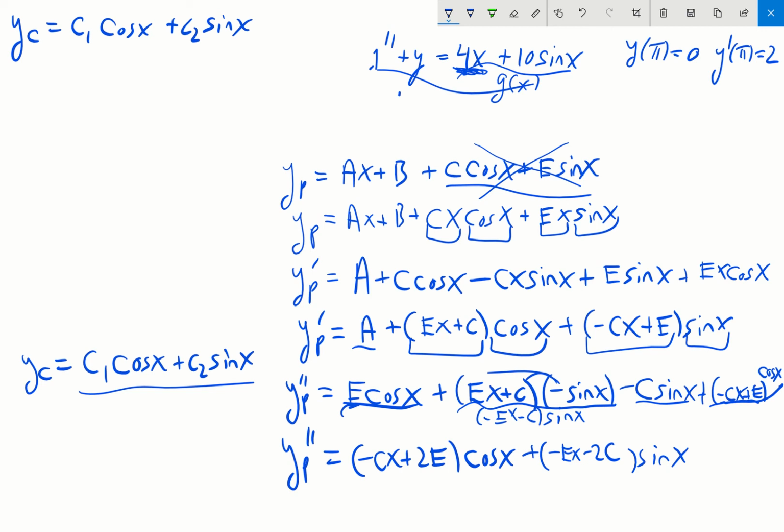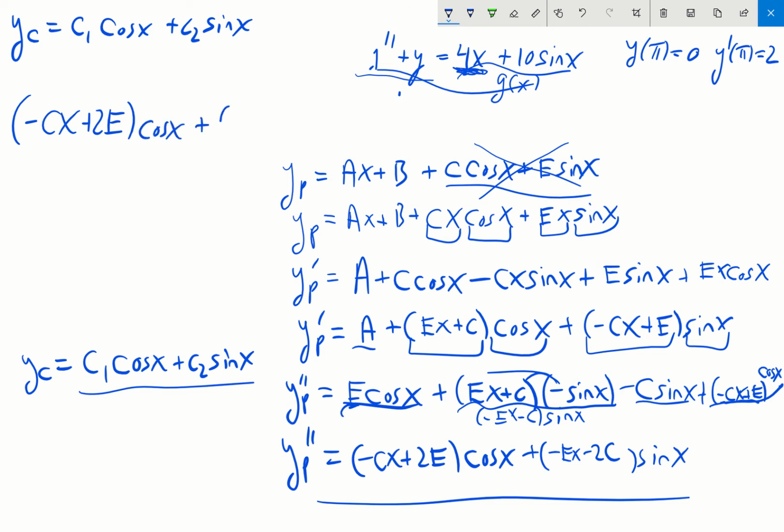So let's plug it into the differential equation. So y double prime plus y, that's this thing here, negative cx plus 2e times the cosine of x plus negative e to the x minus 2c times the sine of x, plus yp.